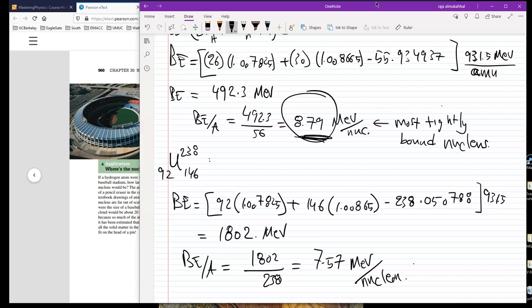There is another example, the same stuff here. I'm going through my lecture notes. Okay, now we jump to the next topic, and that is radioactivity.